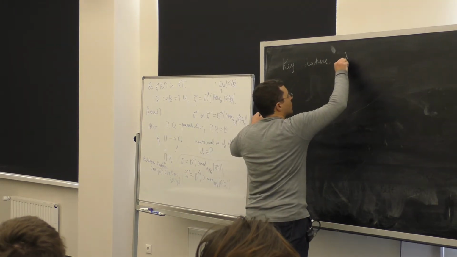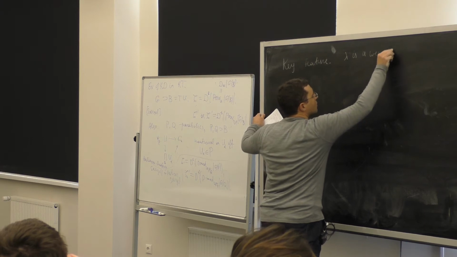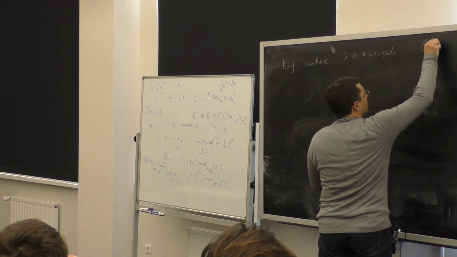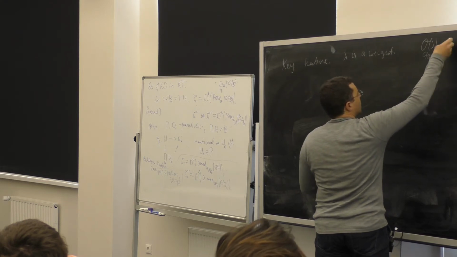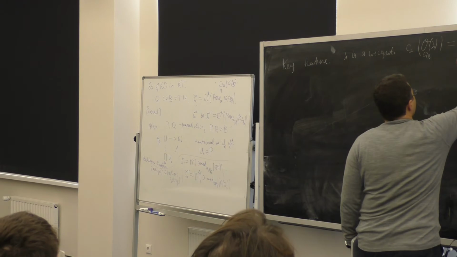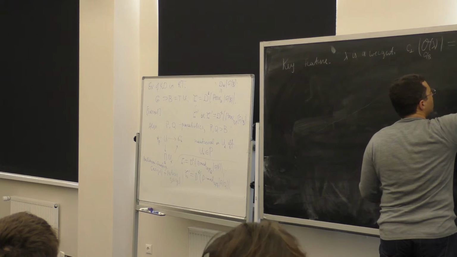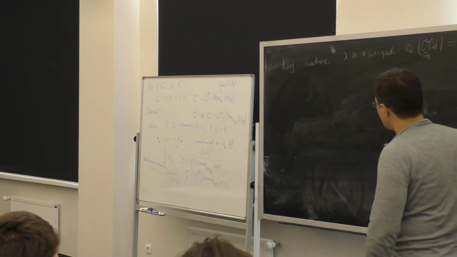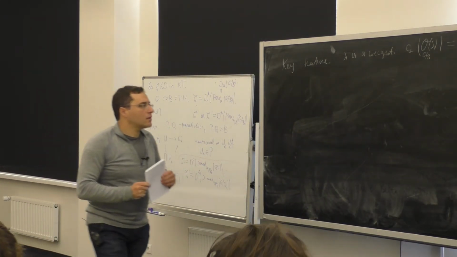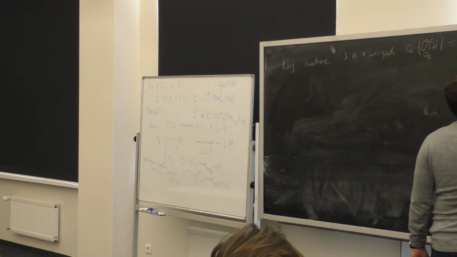So if lambda is a weight, then we have a corresponding line bundle on lambda, and we have an element, let's call this C lambda, in H2 of G mod B. It acts on the derived categories, as we discussed last time.